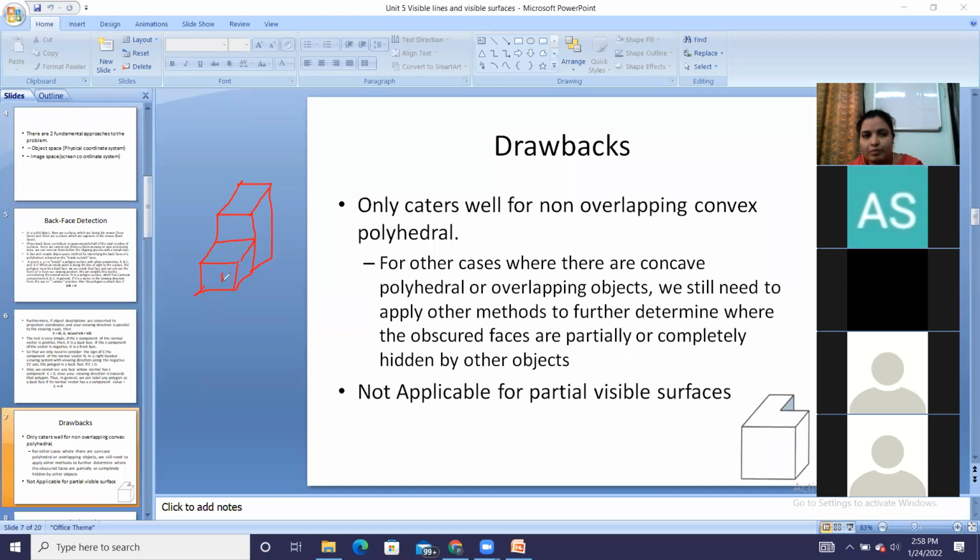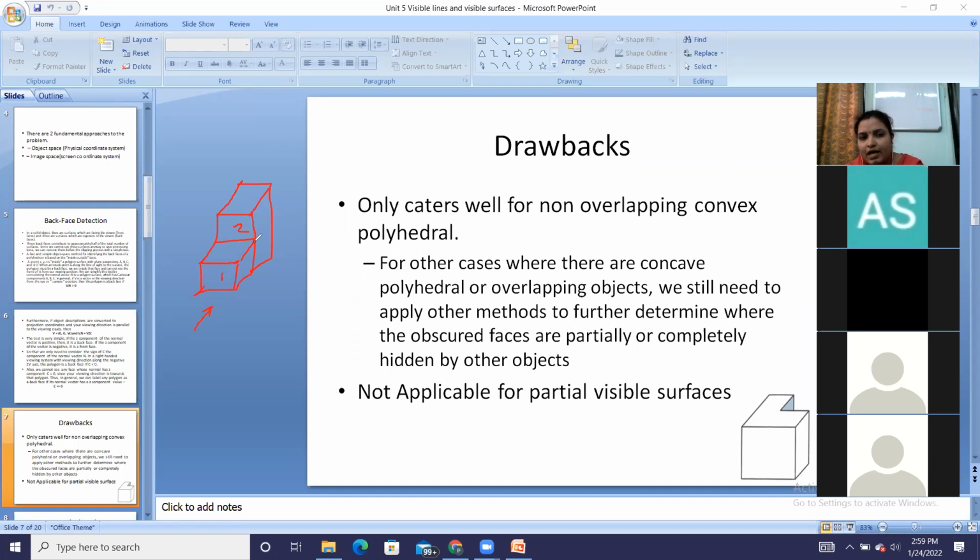This is your cube number 1. This is your cube number 2. What you are going to see is that whenever the viewing direction is this, then for the face which is common to cube number 1 and cube number 2, you cannot predict whether the complete face is visible or not.